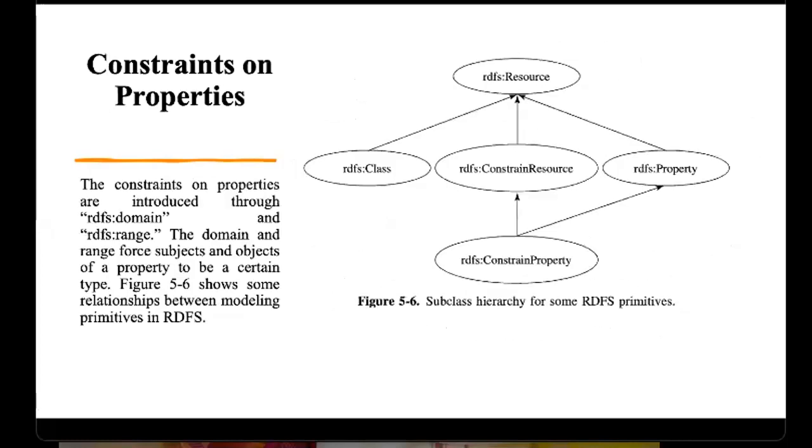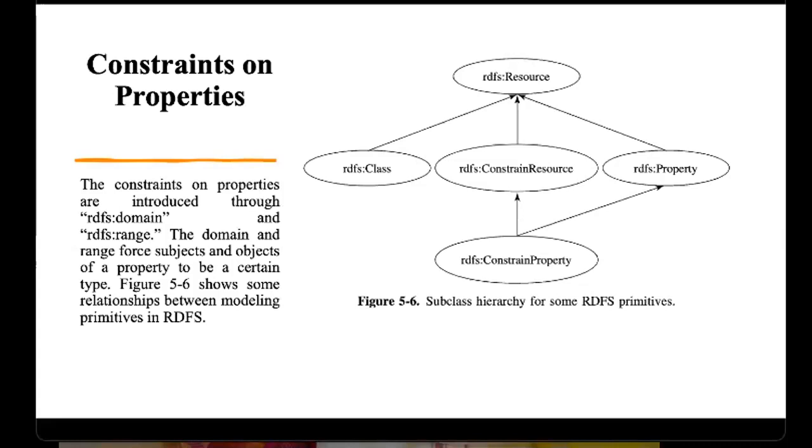Constraints on properties. The constraints on properties are introduced through rdfs:domain and rdfs:range. The property rdfs:domain restricts the set of resources that may have a given property, that is the domain. The rdfs:range property restricts the set of values for a given property, that is the range.